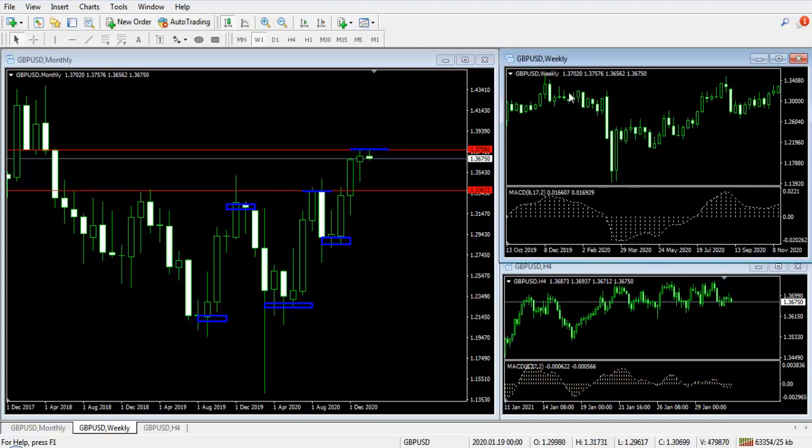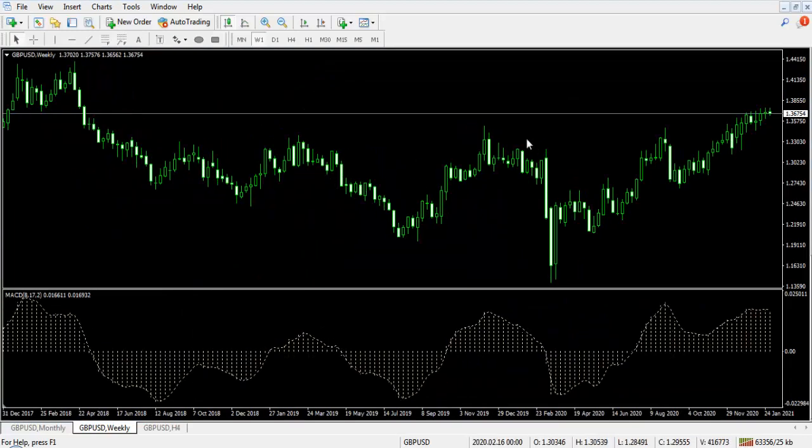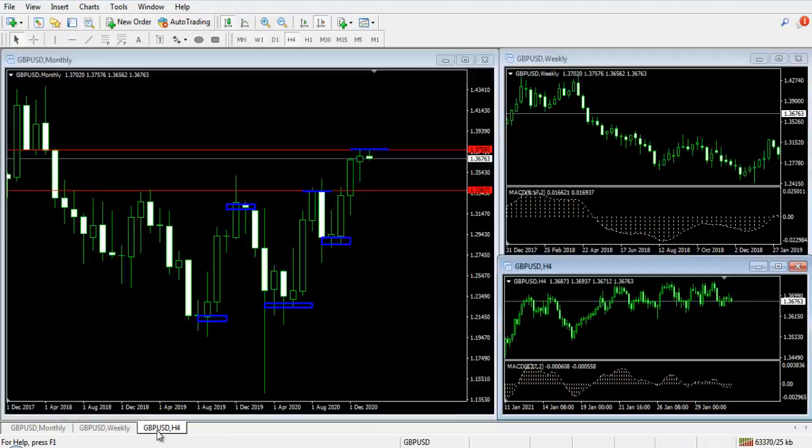We've broken that high there, creating a new high above that level, which I think is important. So overall, a bullish trend is being developed there.